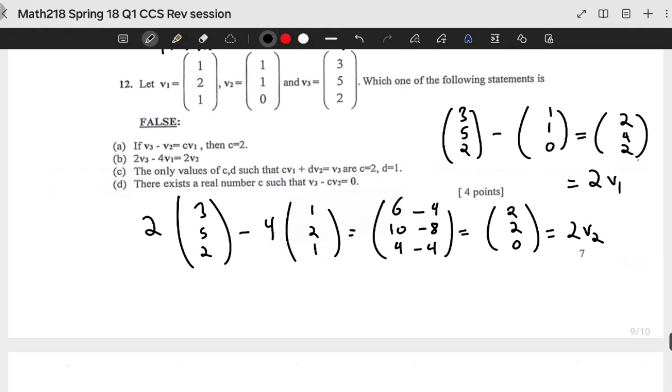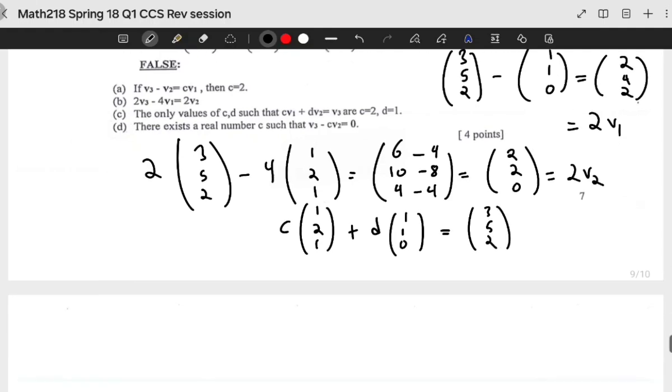And then for option C, the only values of c, d such that c v1 plus d v2 equal to v3 are c equal to 2 and d equal to 1. So we have c times (1, 2, 1) plus d times (1, 1, 0) equal to v3, which is (3, 5, 2).